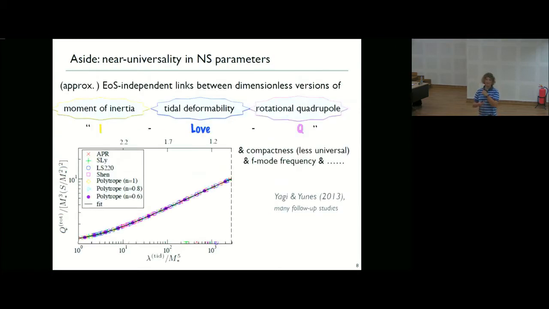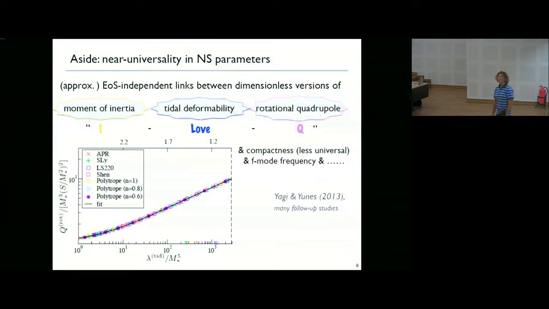And just as a curiosity or a side, there has been much excitement recently about universal relations between neutron star parameters. So in 2013, Yagi and Yunes came out with so-called I-Love-Q relations, where I means moment of inertia, Love means tidal Love number, and Q is the spin-induced quadrupole.